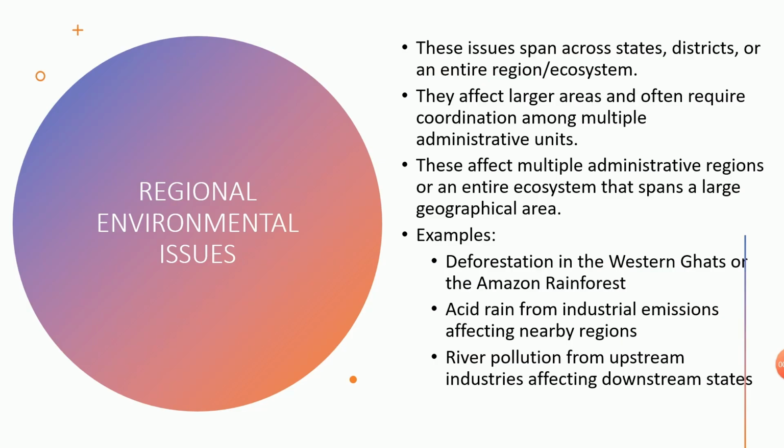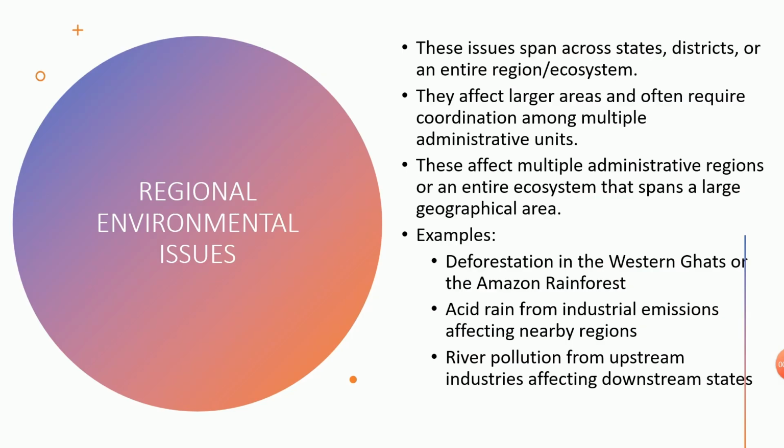Next, acid rain from industrial emissions affecting nearby regions. Then river pollution from upstream industries affecting downstream states. For example, if an industry is located upstream on a particular river, they push their industry waste into the river.